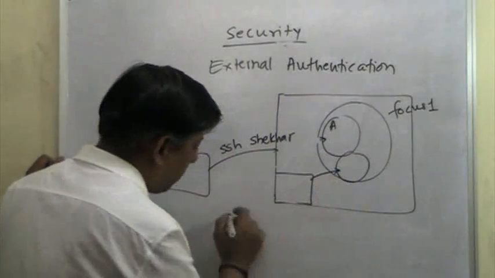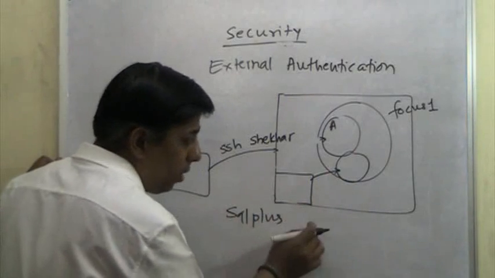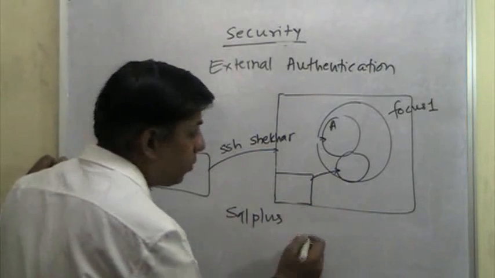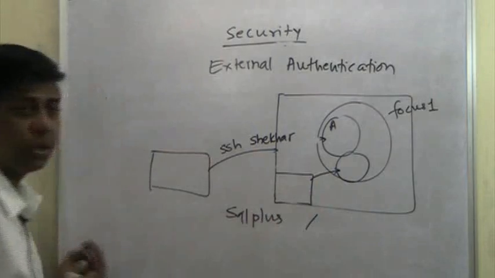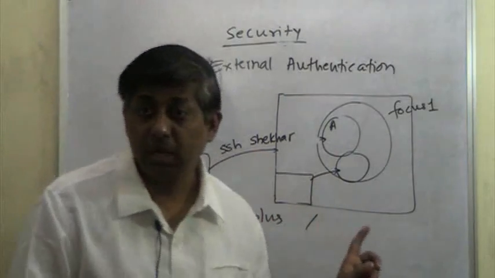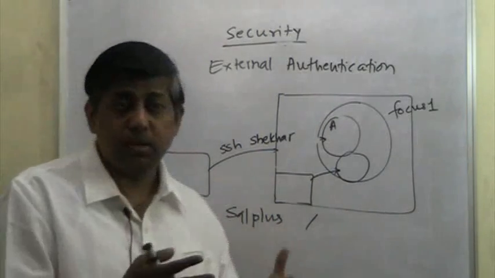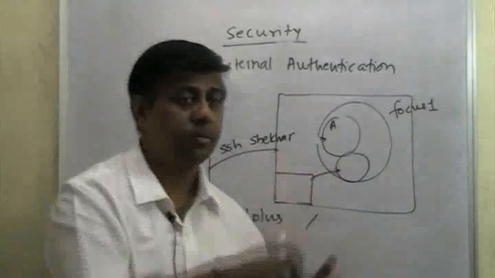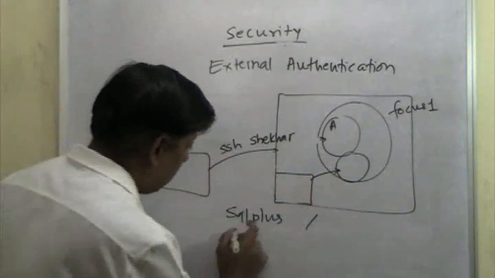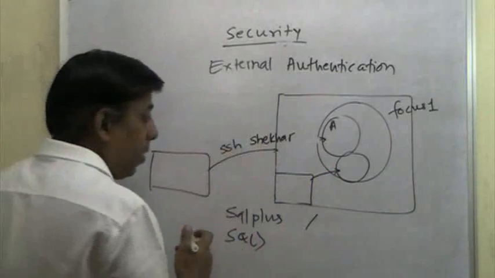At that time when you type the command sqlplus, you are not going to type the login ID and you are not going to type any password. You are just going to put a / there. Usually you put the login ID before the / and the password after the /. You are just going to put a / there. And then without asking you the login ID and password, you will be put inside the database. You will suddenly see the SQL prompt. You are automatically logged into the database.